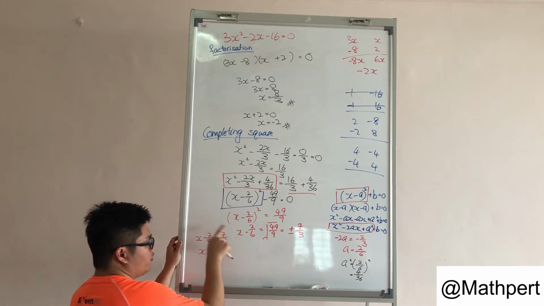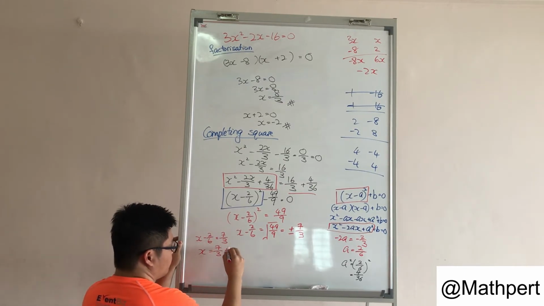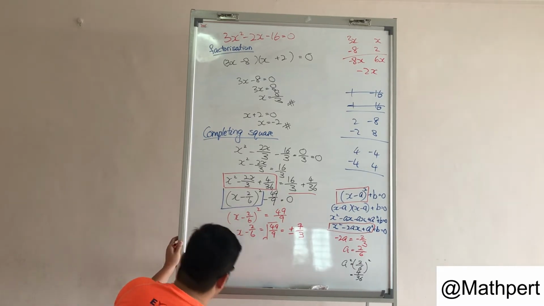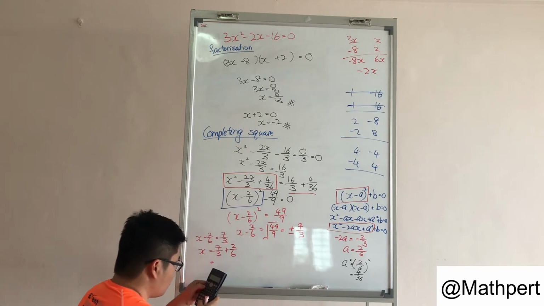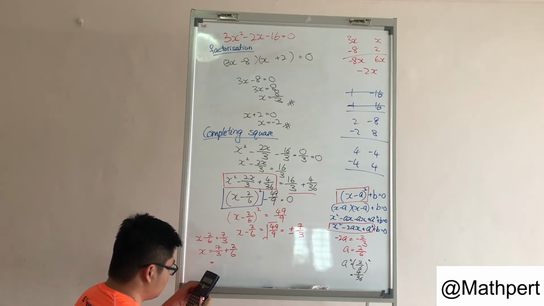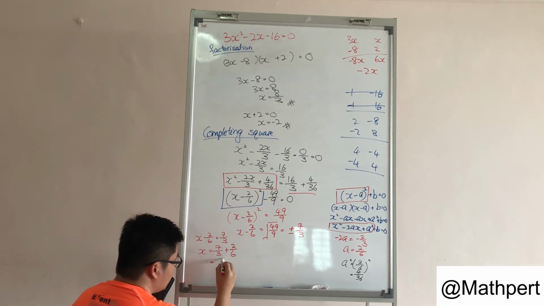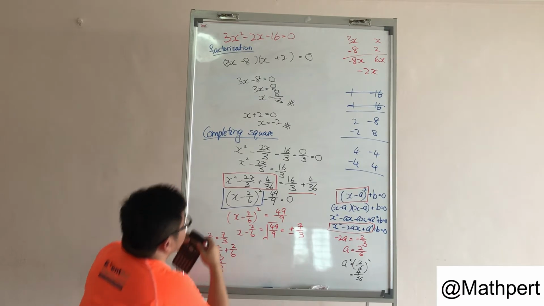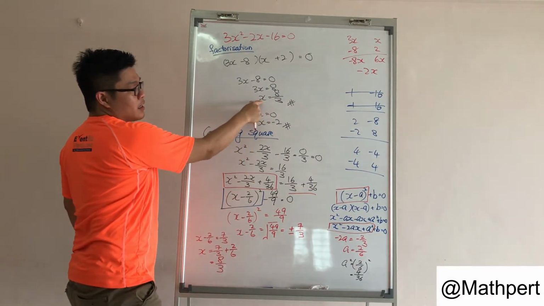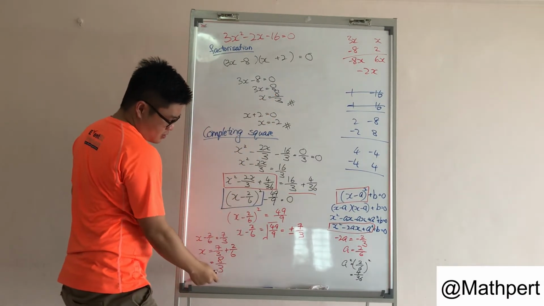So x is equal to 7 over 3. Negative 2 over 6, move it to the right hand side, it will become positive 2 over 6. And we will get 7 over 3 plus 2 over 6. We get 8 over 3, so x equals 8 over 3.